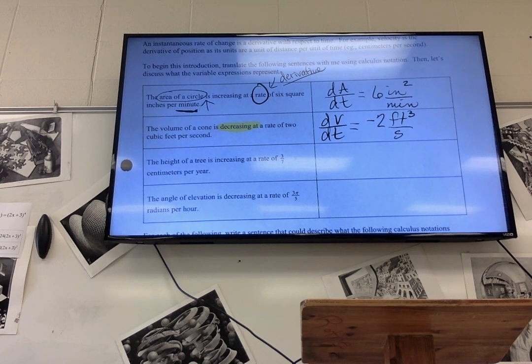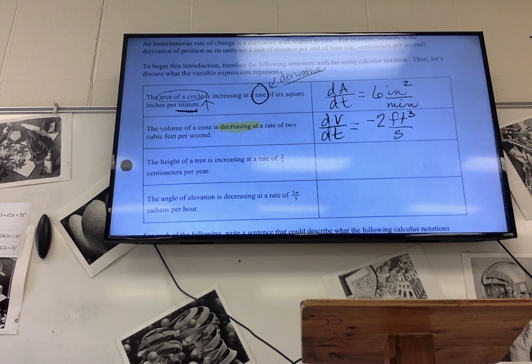This is usually talking about, you know, sand or concrete or gravel that comes out of one of those things. It falls in a cone shape. So if it was decreasing, I guess it's coming out of somewhere. I'm usually thinking of increasing, but when you drop the gravel from a big gravel truck, it always falls in a cone shape.